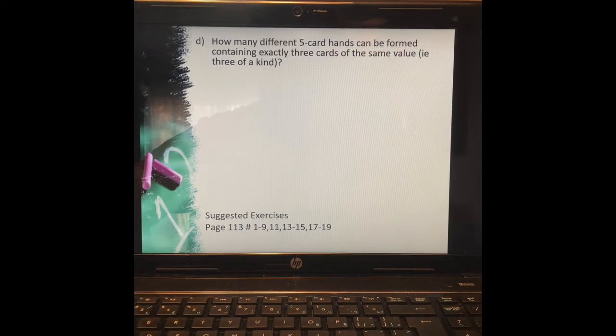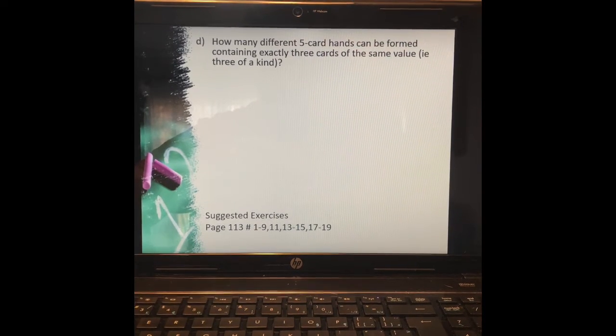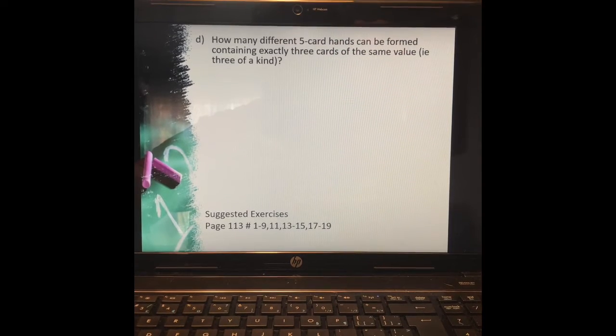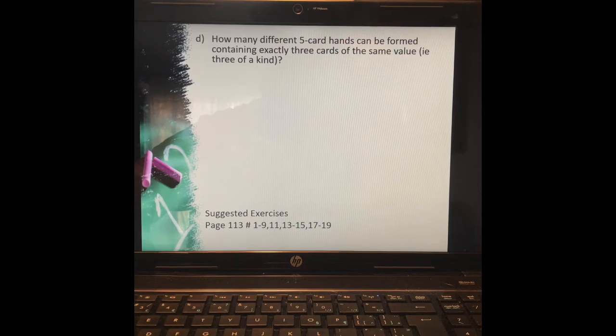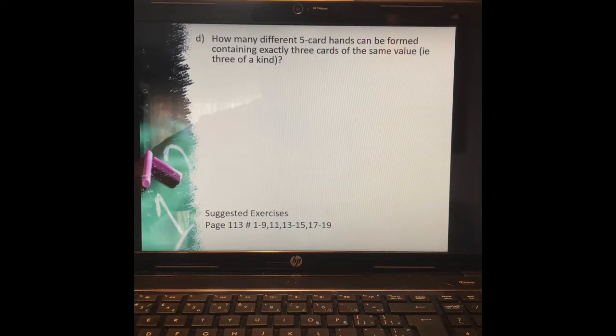And you multiply those 2 together because it has to be the same card and the 3 suits. So 13, choose 1, then 4 suits, choose 3 of them. That gives you a 3 of a kind.